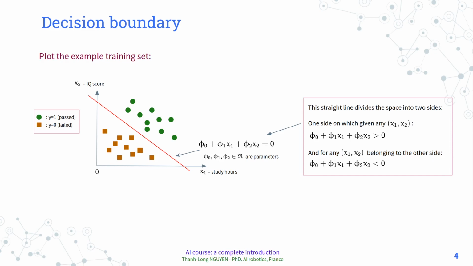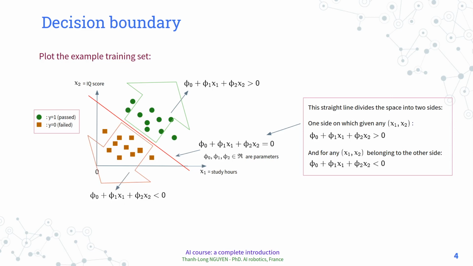And for the other side, any point x1, x2 belonging to this side will satisfy phi0 plus phi1 x1 plus phi2 x2 is smaller than 0. Concretely, this side of the line satisfies one of those 2 inequalities, and we suppose that it is phi0 plus phi1 x1 plus phi2 x2 is greater than 0, and this side satisfies the opposite inequality.